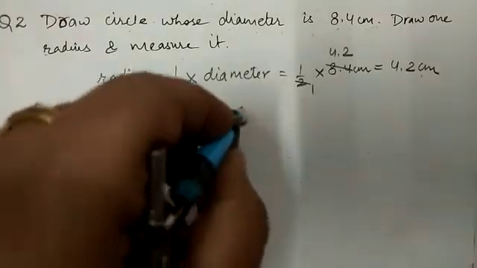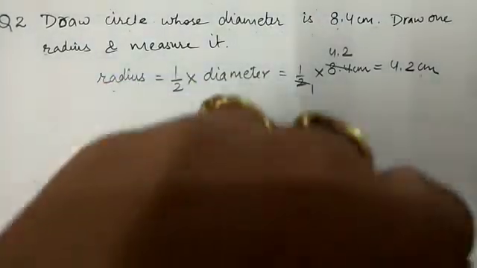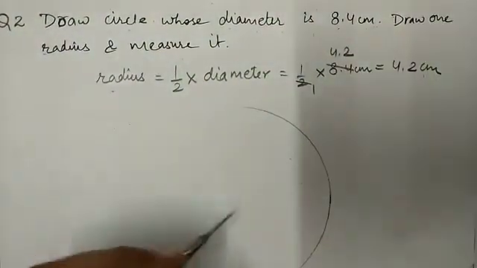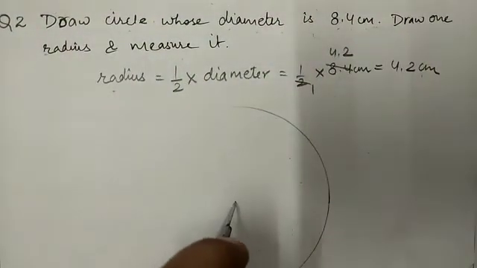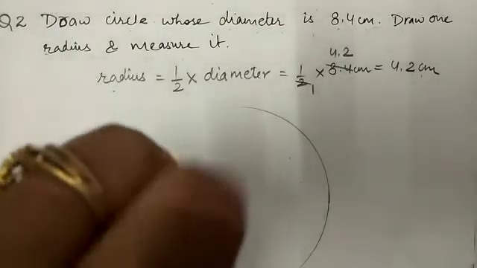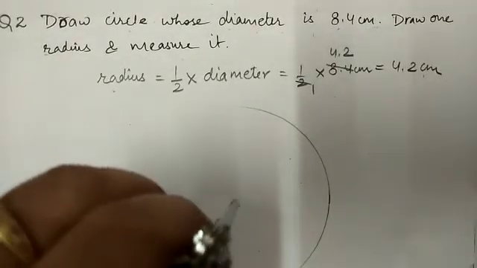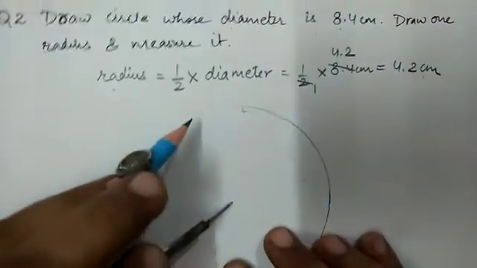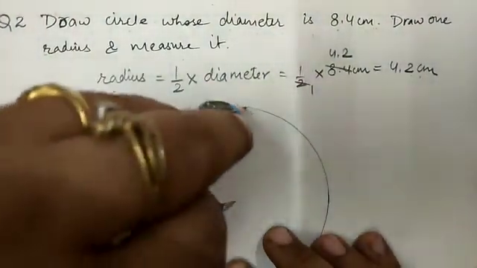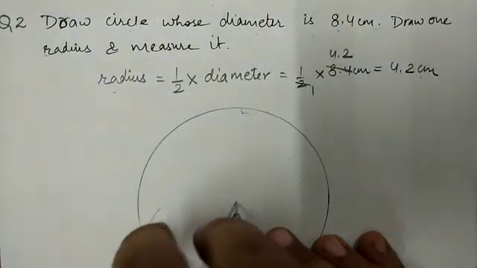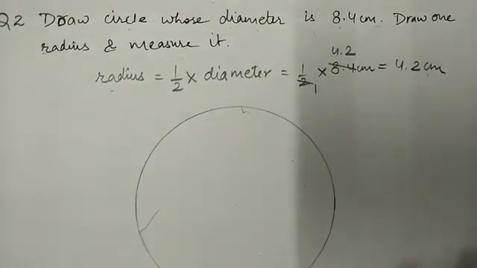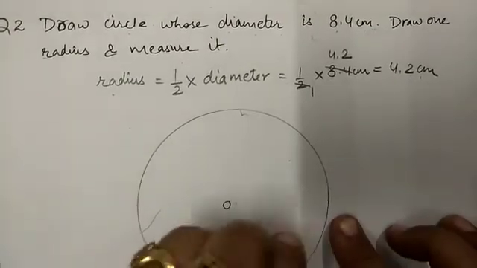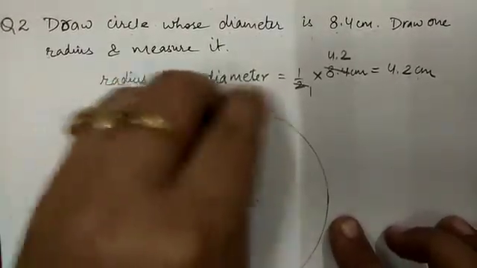So now I will draw a circle in this way. Like this. Now I will mark this center as O and will erase these extra lines.